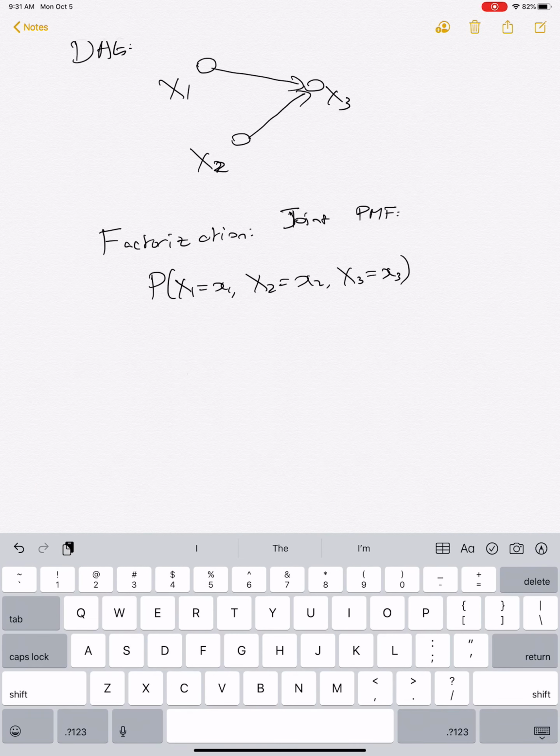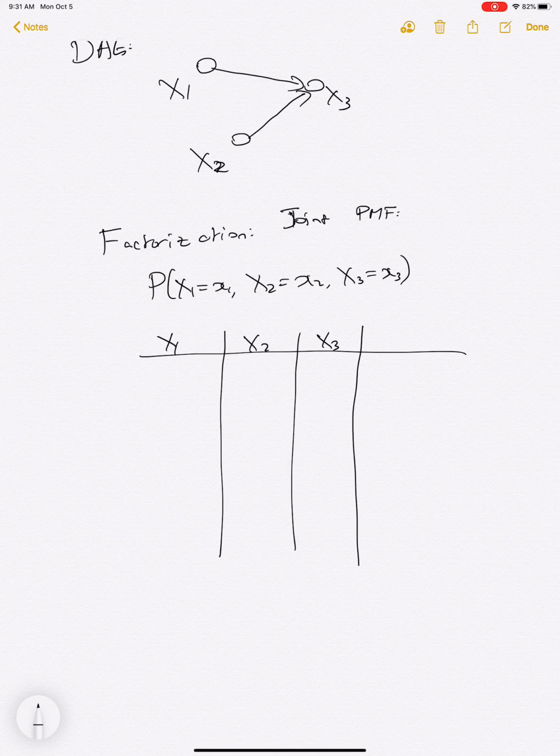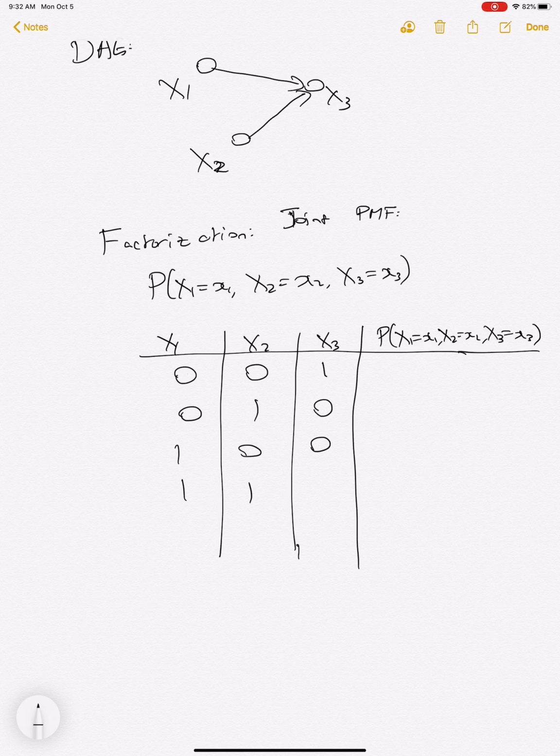So this is encoded by the table x1, x2, x3, and then the probability that x1 equals x1, x2 equals x2, x3 equals x3. And these all had a probability of a quarter, right?